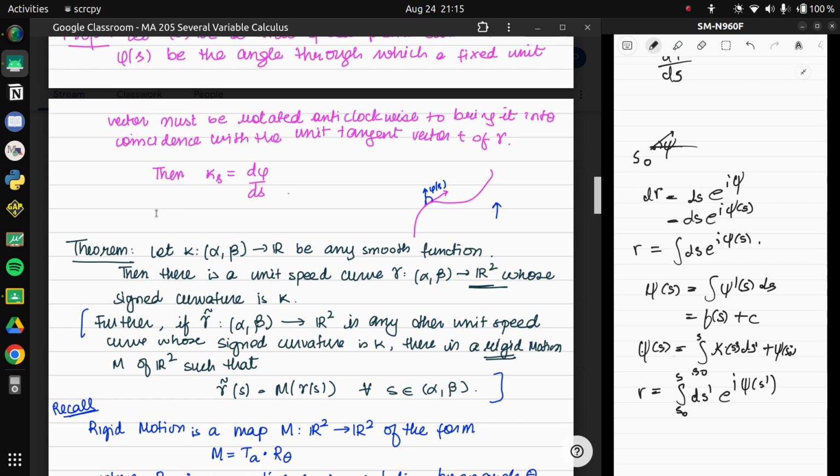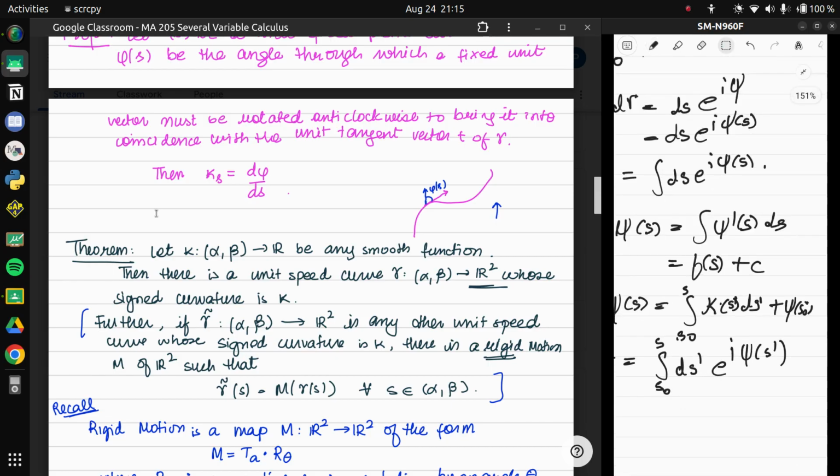But remember, psi of s dash is completely determined by s dash, up to a constant. So what we can do is think of this function, from 0 to s of kappa of s dash ds dash, let's call that f of s, right?